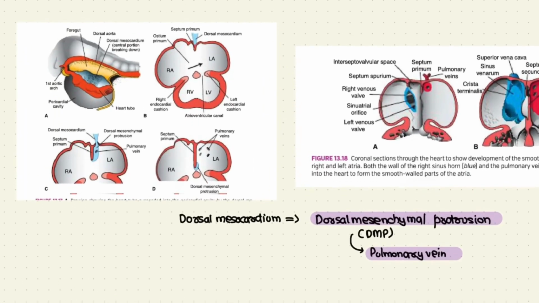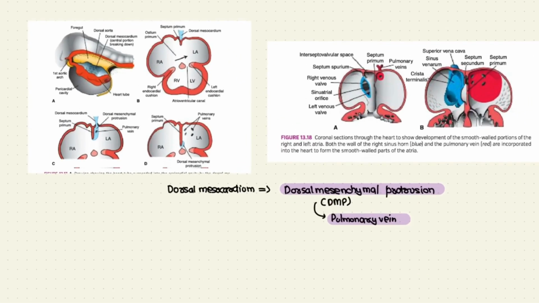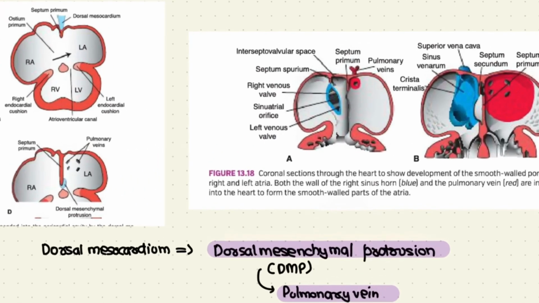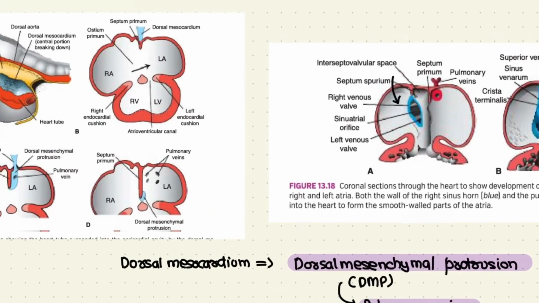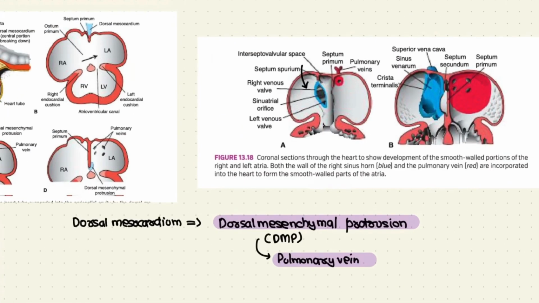So before proceeding into the formation of the ventricular septum, we need to cover one last thing, and that is the formation of the pulmonary vein. As we incorporated the sinus venosus into the right atrium, we should get one thing clear, and that is the left atrium will also incorporate some portion of the pulmonary vein.